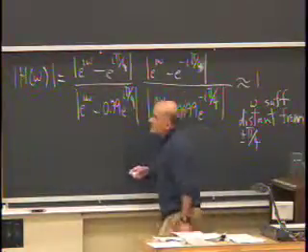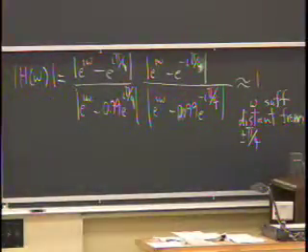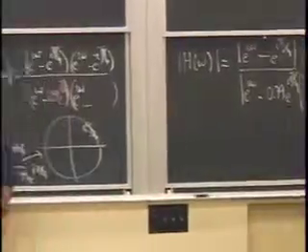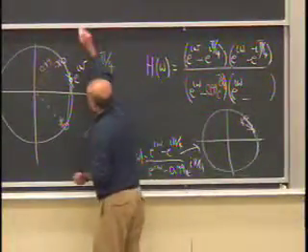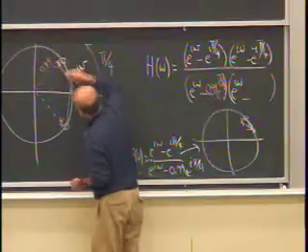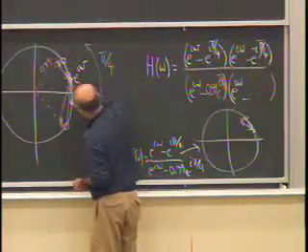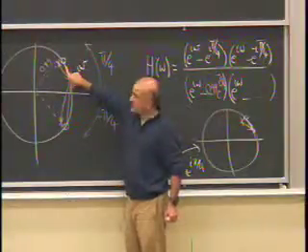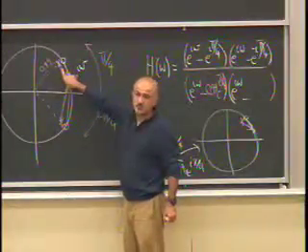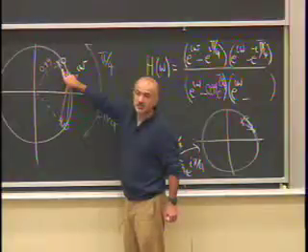So as long as I'm somewhere sufficiently distant from this angle and this angle, I have the magnitude response being equal to the product of the blue vectors in the numerator divided by the product of the red vectors in the denominator.